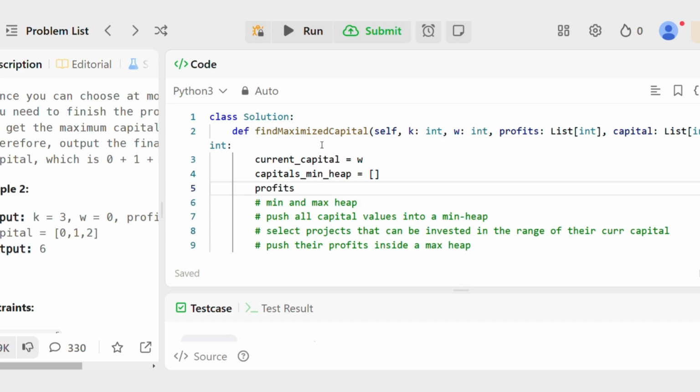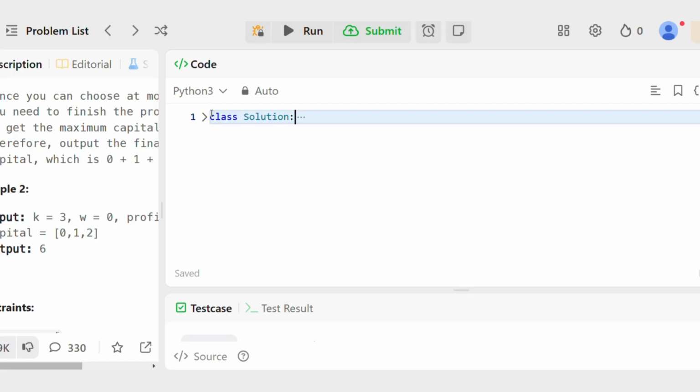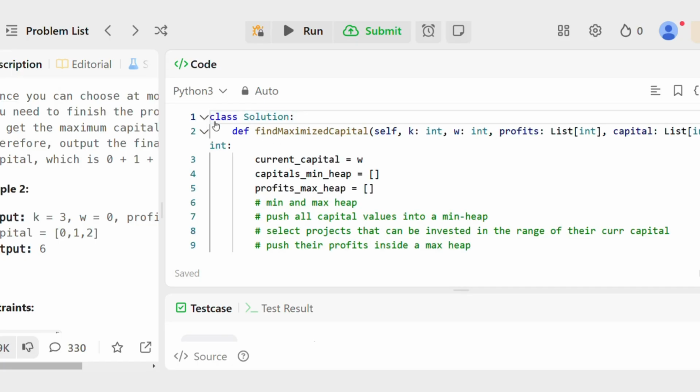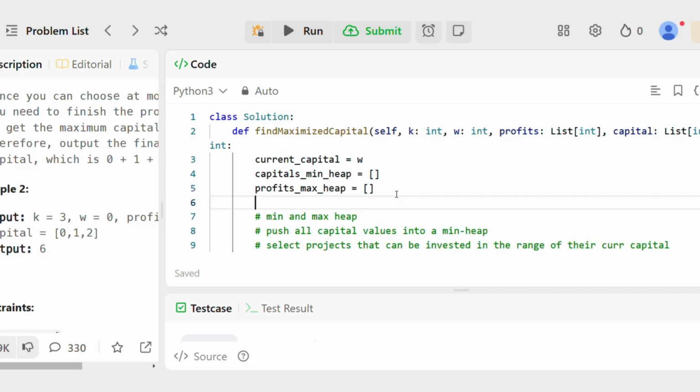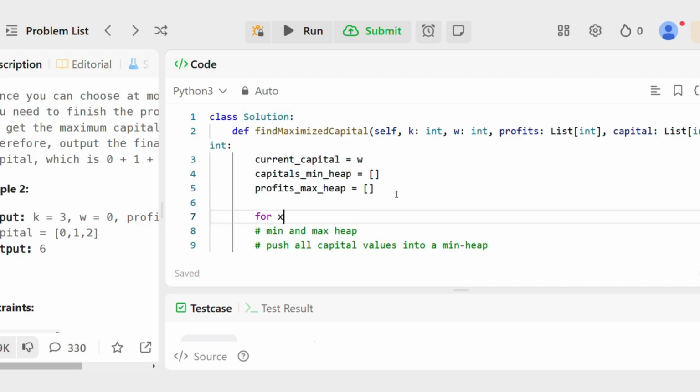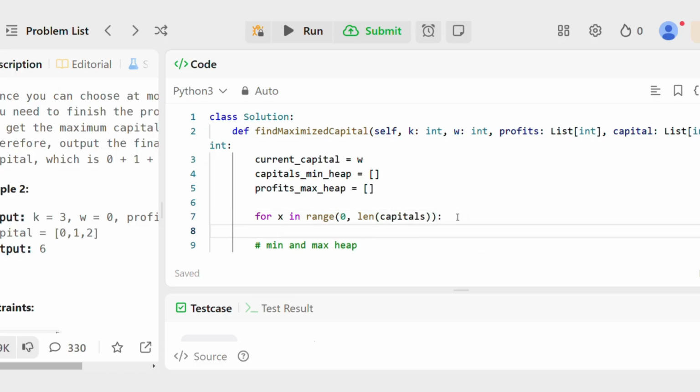So we now have our profits max heap, which is also going to be a heap. And then I'm going to need to import a heap here, but I don't think I need to. I think Leetcode already has the built-in functions imported for me. So for x in range, len capitals, we're looping through the capitals array. What we're going to do is push it into our heap.